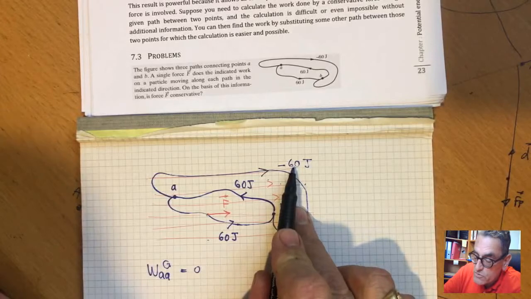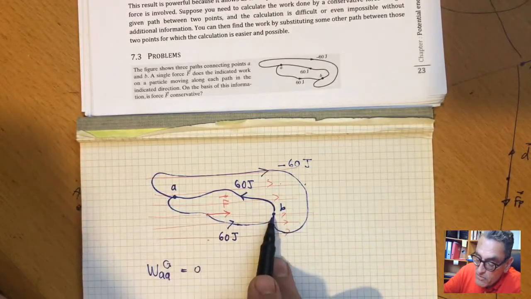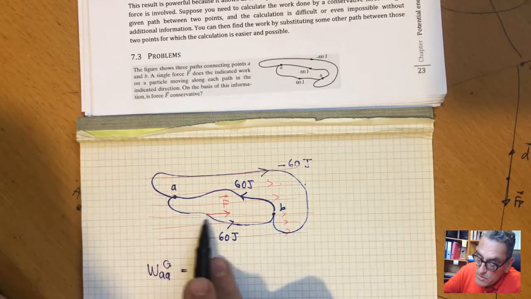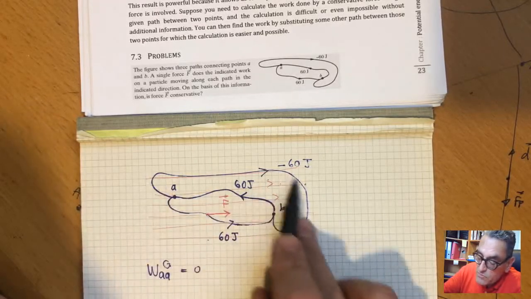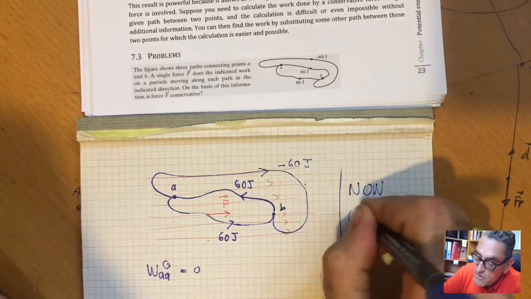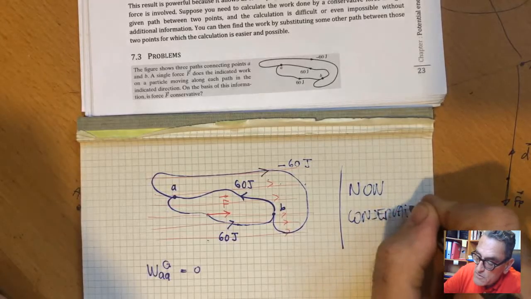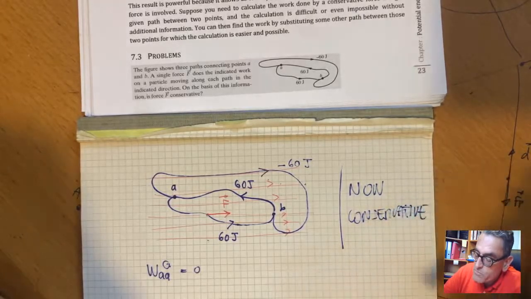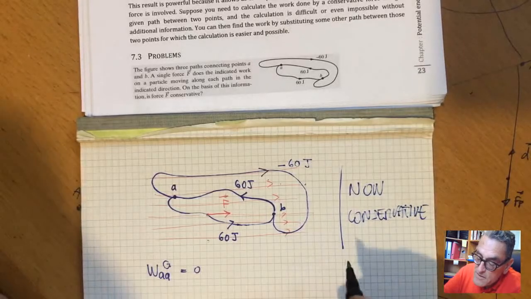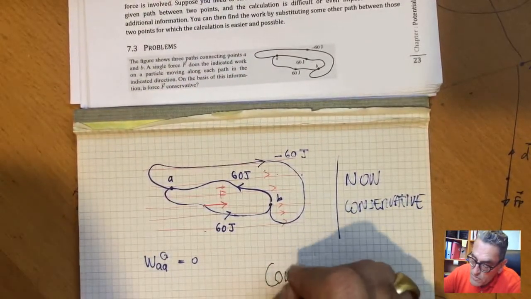If this were a conservative force field, then independently of the path chosen, it would require the same amount of work. So this force field is clearly non-conservative. Now let's play another game and see what kind of values we should give to make this conservative.